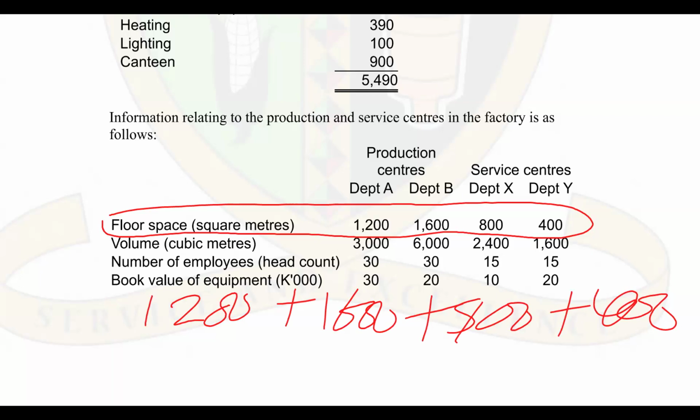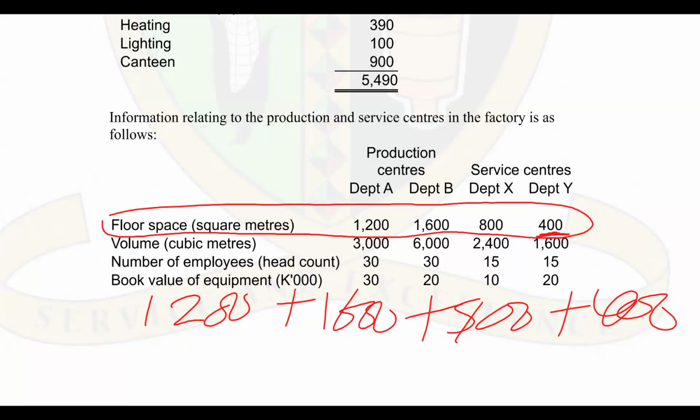Someone suggests 4,600, because they added 1,000 instead of 400. It's not 1,000, it's 400.